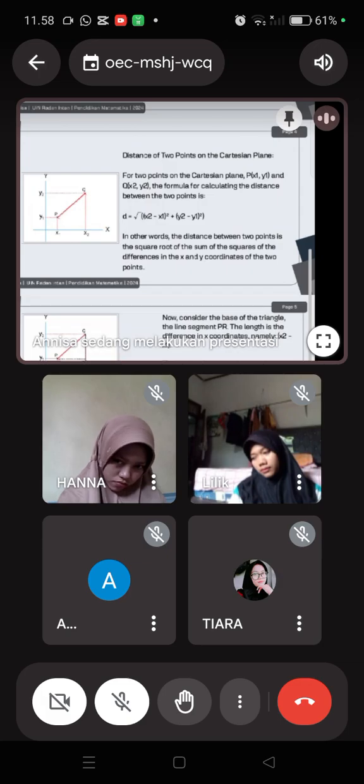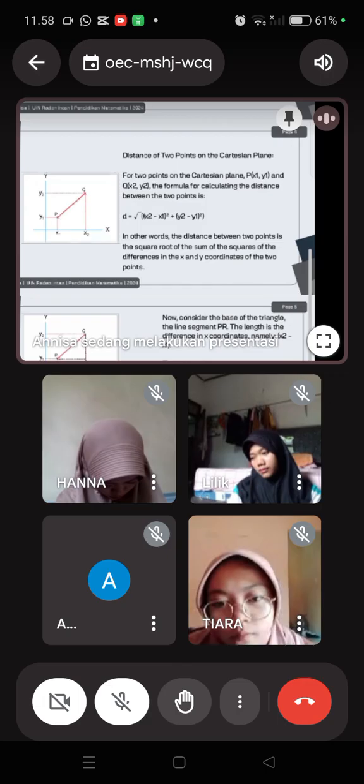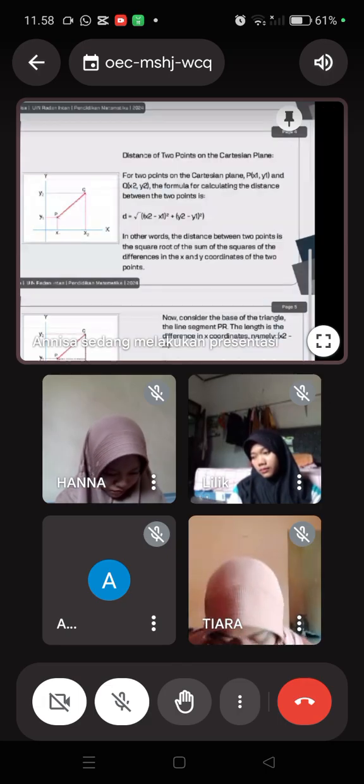In other words, the distance between 2 points is the square root of the sum of the squares of the differences in the x and y coordinates of the 2 points.